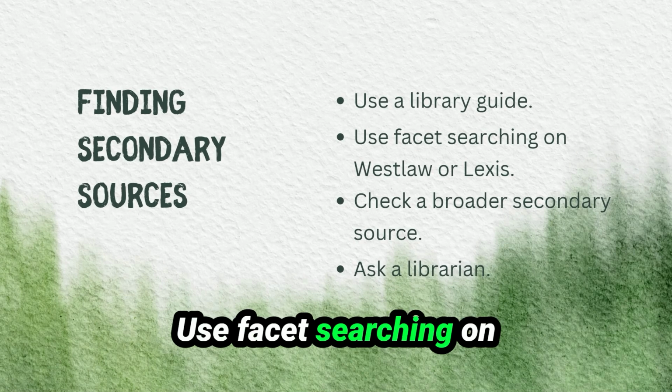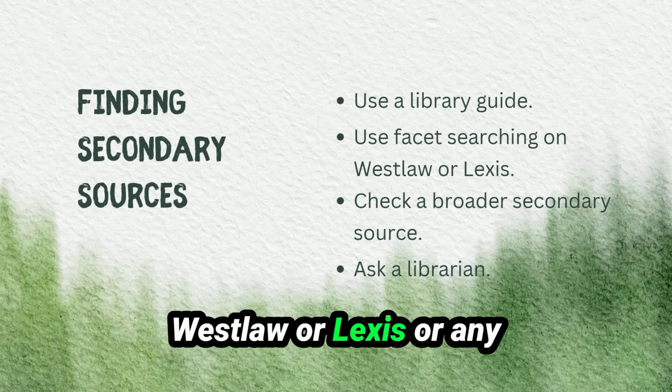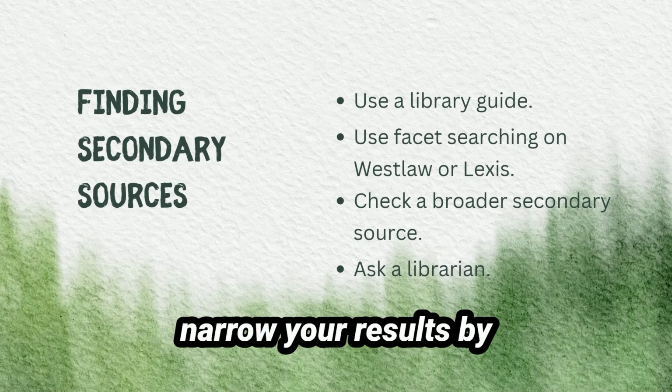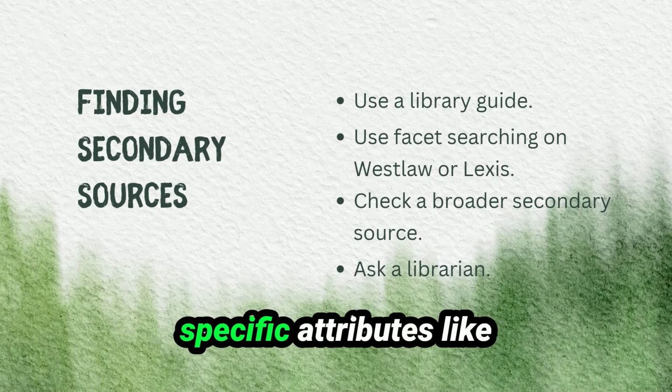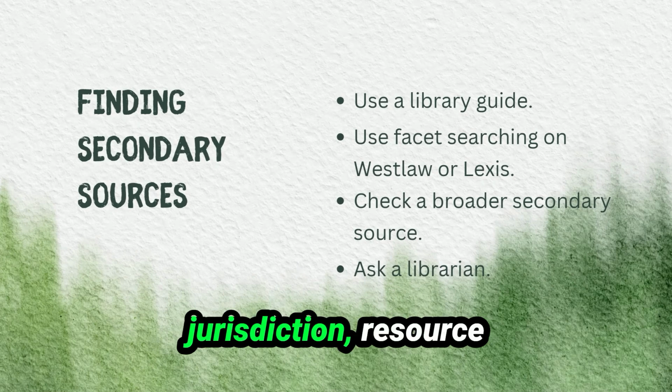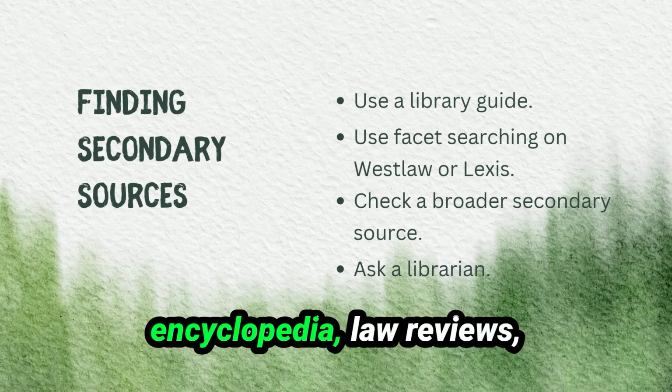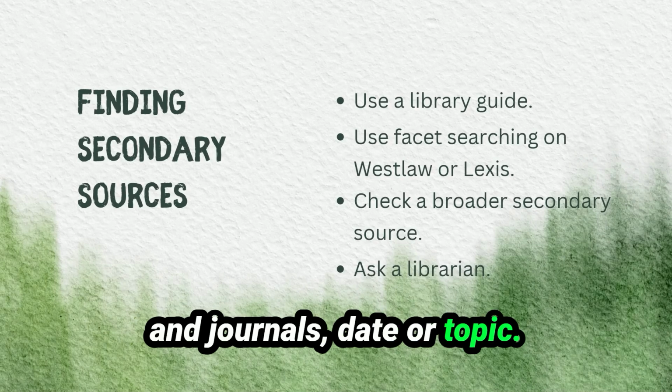Use facet searching on Westlaw or Lexis or any database, really. Facet searching allows you to narrow your results by specific attributes like jurisdiction, resource type, for example, encyclopedia, law reviews, and journals, date or topic.